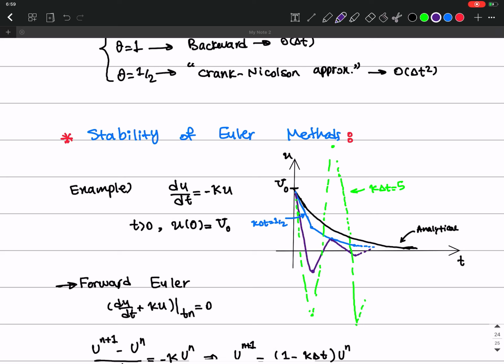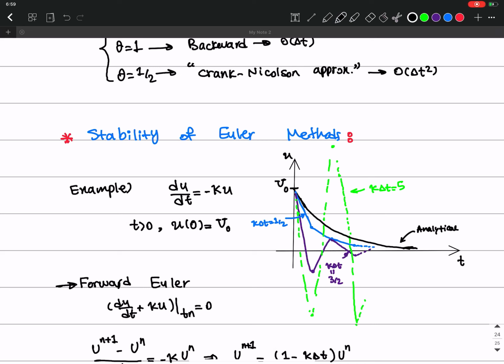And this line is kappa delta t equals 3/2. Okay, so you see, the solution really depends on the kappa delta t here.